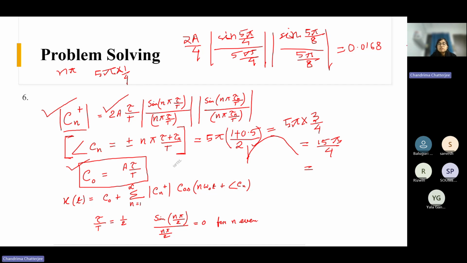So from this equation you can calculate the value of A, right? You have all the values, you can calculate sine 5 pi by 4. So this you can calculate, this you can calculate, you will get the value of A. Okay, so let's calculate, let's see.